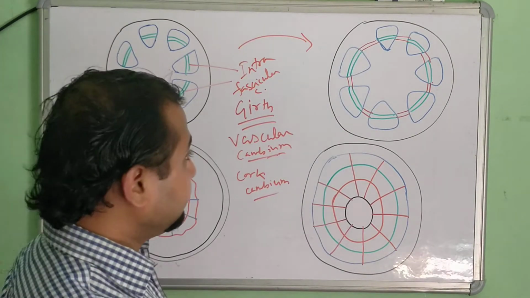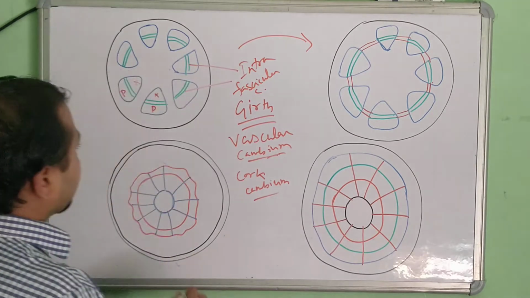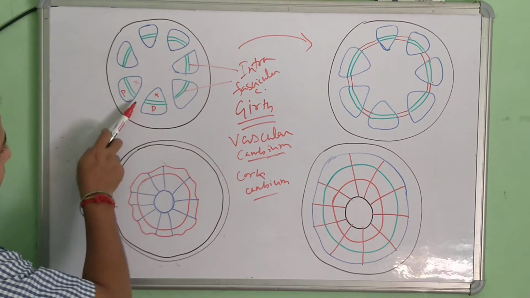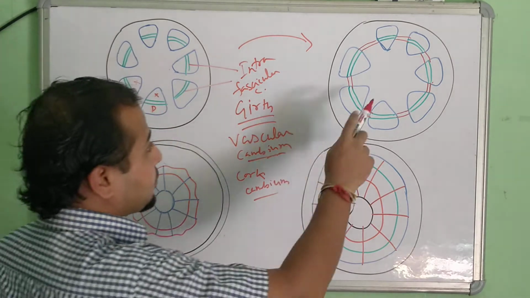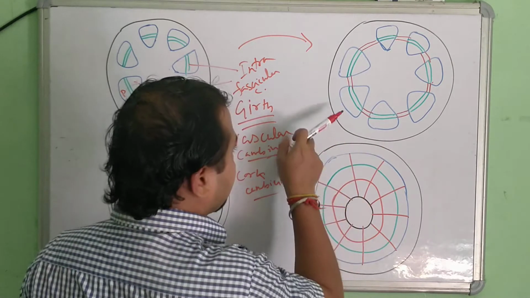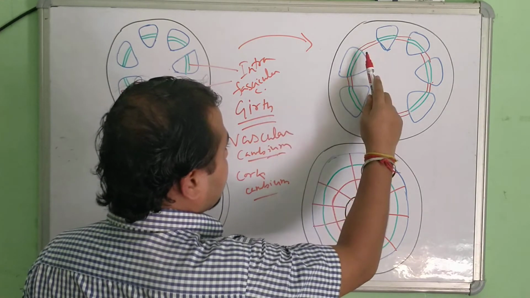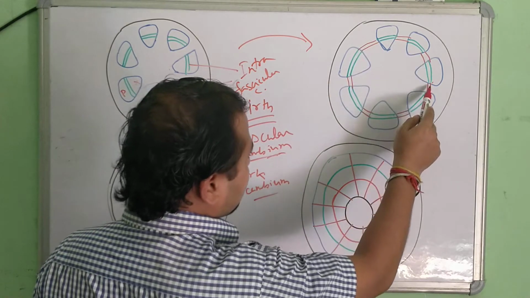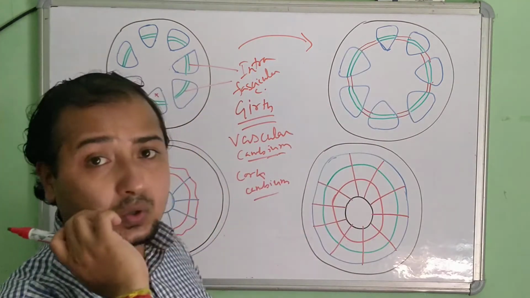Look at this diagram. In between the vascular bundles there are gaps where no cambium is present, but here you see the cambium from the vascular bundle extends outside. In between the vascular bundles we also see the extension of the cambial tissues.